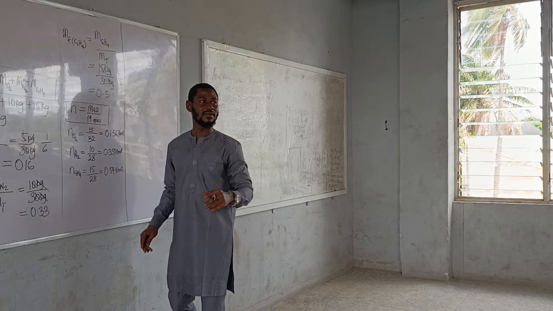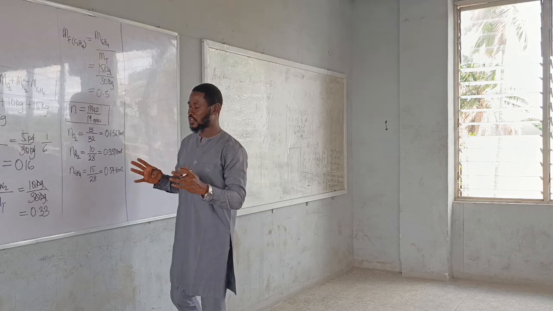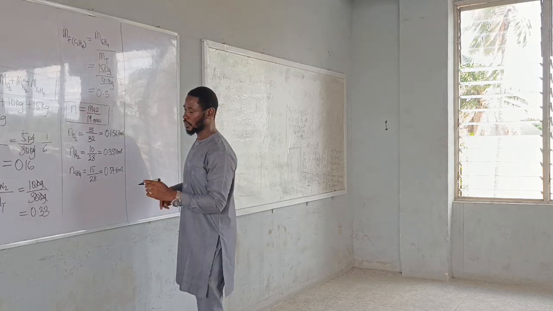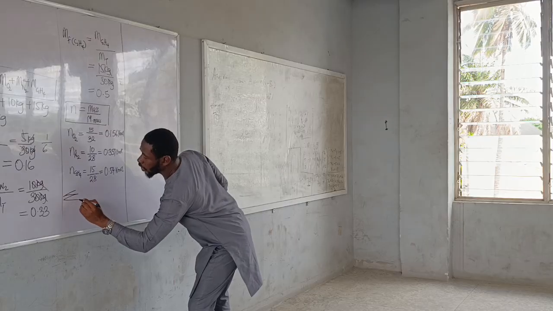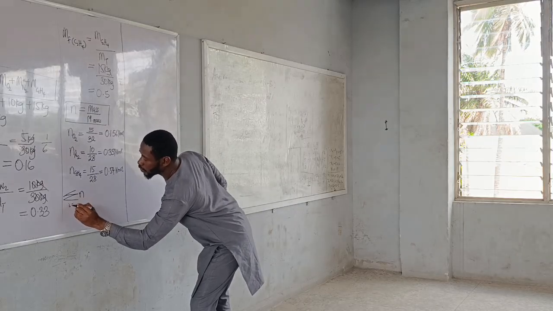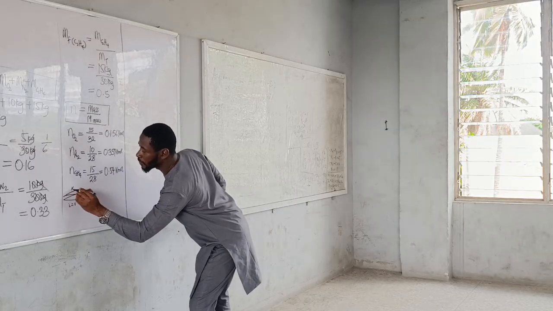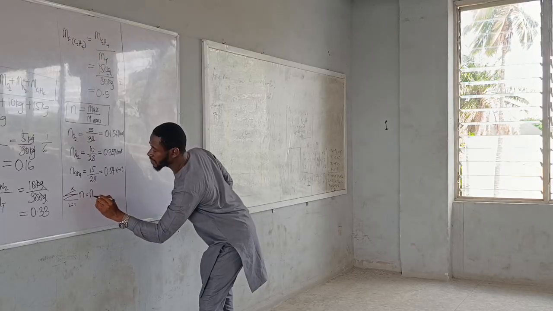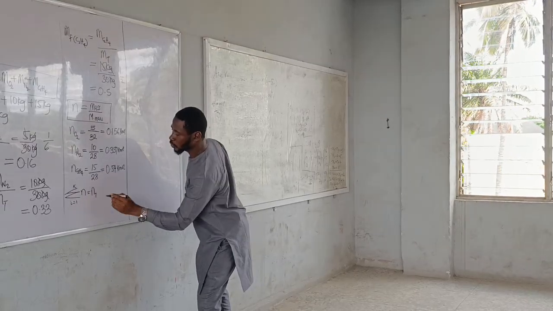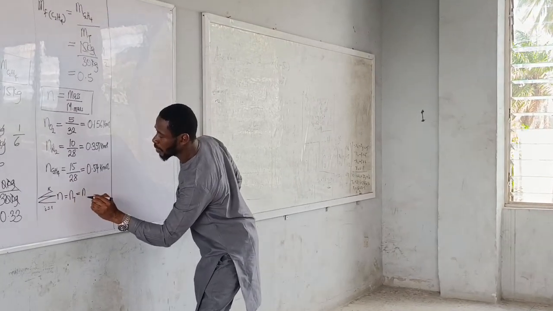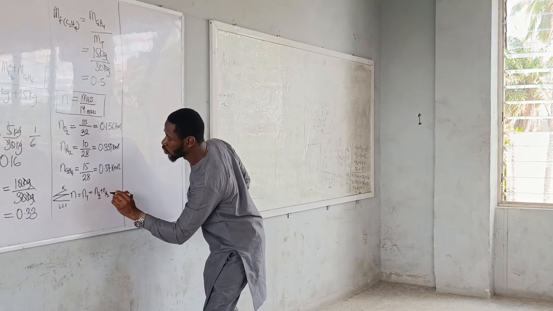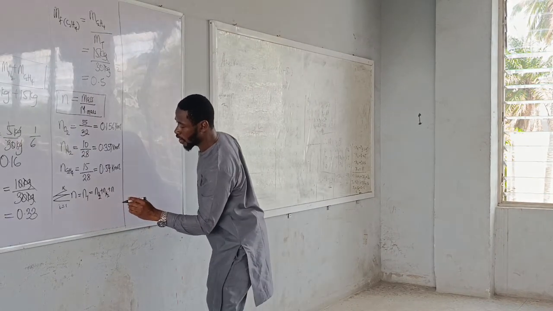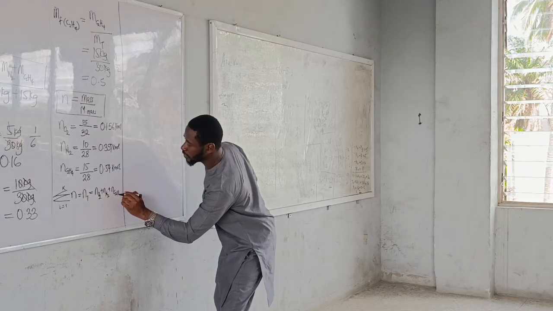Now the total number of moles of the mixture is what we are about to determine. So we are going to use this expression, summation of N from i equals 1 to k, which is the same thing as NT, the total number of moles of oxygen plus number of moles of N2 plus number of moles of C2H4.